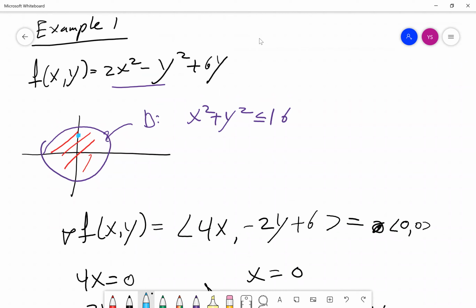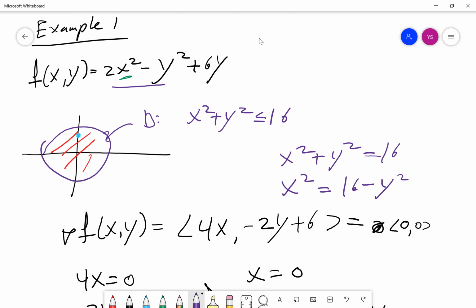So instead, what we can do is say, okay, on the boundary my equation is x squared plus y squared equals 16, and I really only have x squared. I don't have anything in terms of x or x cubed or anything like that. So I can say that x squared is equal to 16 minus y squared, and now I can just plug that in here.